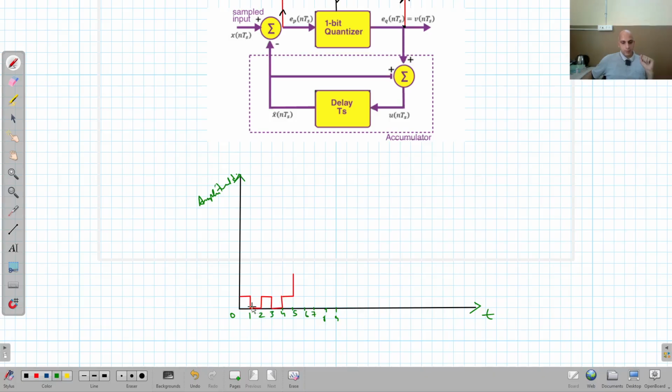Now you can see here, I'm drawing the signal now.